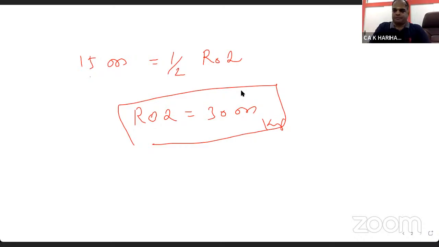Monthly demand 1000 quantity. Cost of placing an order comes to 100 rupees. Annual carrying cost rupees 15.